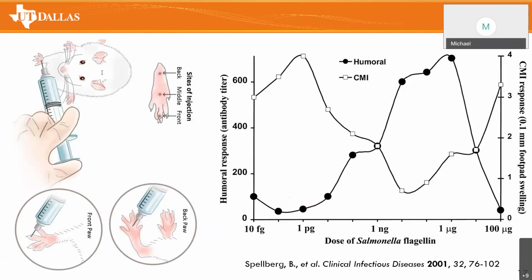But it really depends on what we're fighting and what pathogen it is. For bacteria, I don't know if it's better to have a cell-mediated response or a humoral response. For different pathogens, some people say a cell-mediated response is better, or sometimes they'll say a humoral response is better.